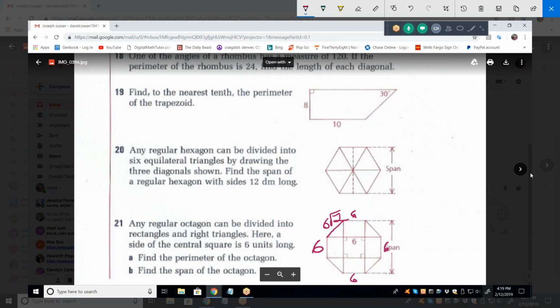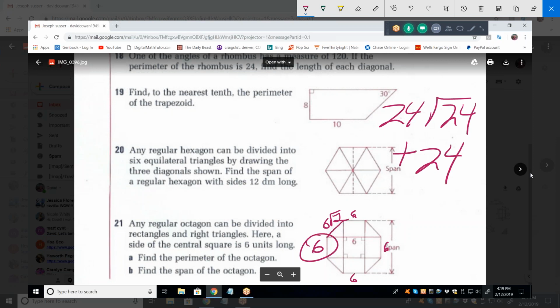Now, how many of those do you have? 4. So it's 24 root 2 for all your diagonal ends plus 24 for these 6 parts. So that's the perimeter. And here they did not ask you to round it off.